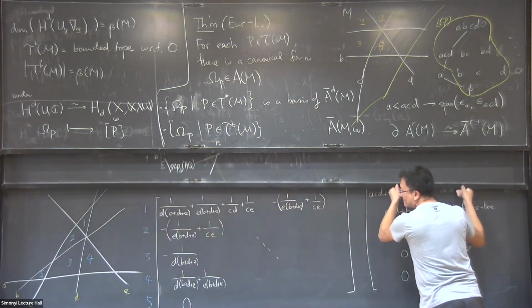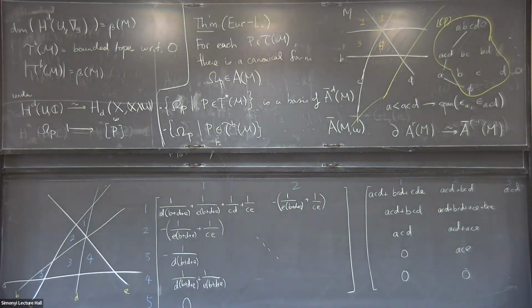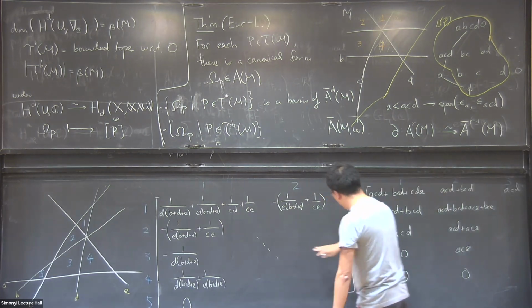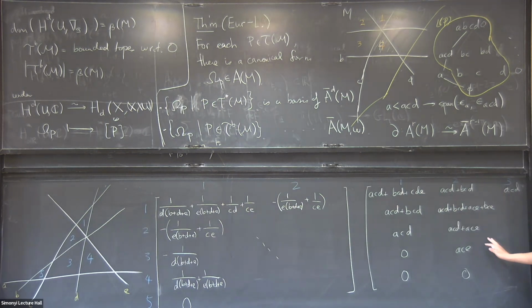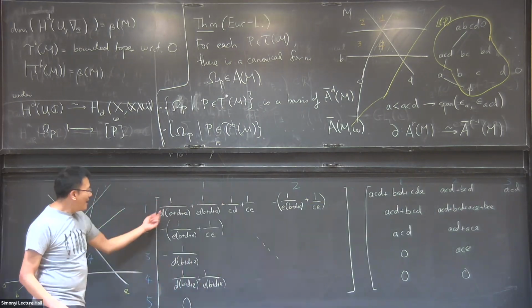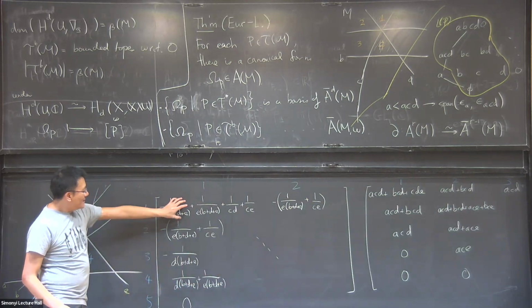So here are two of the matrices. This is about the de Rham one. So this is de Rham cohomology. This is what I call de Rham homology.